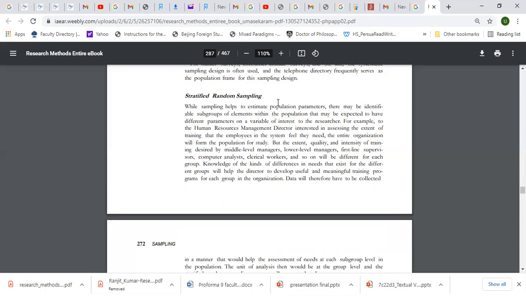There are already subgroups made of the elements. Let's suppose students are already divided into departments, then further divided into their semesters, even batches. So there are already subgroups identified and made, right?